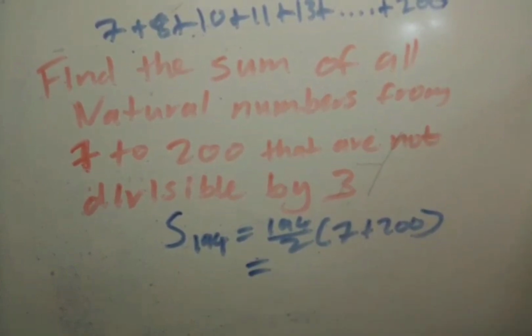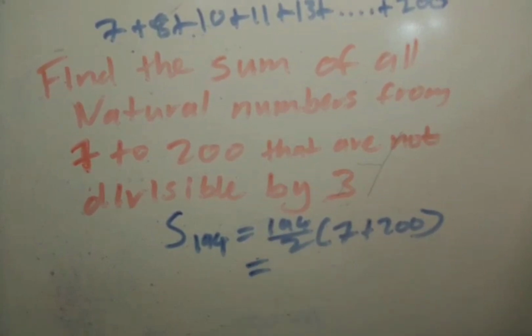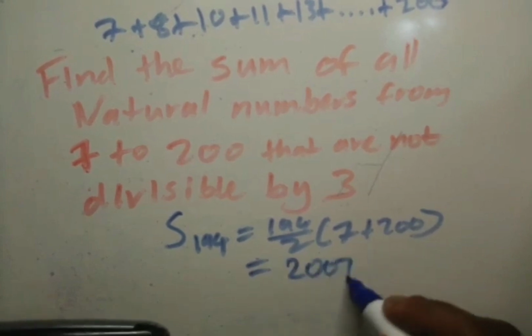You can just type 194 divided by 2 in the calculator. Let me just get to the answer immediately: 194 divided by 2 times 207, because 200 plus 7 is obviously 207. So this is going to be 20079. You can just confirm that.